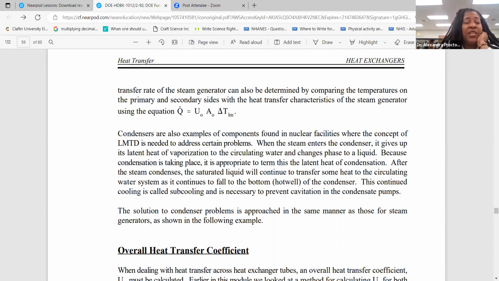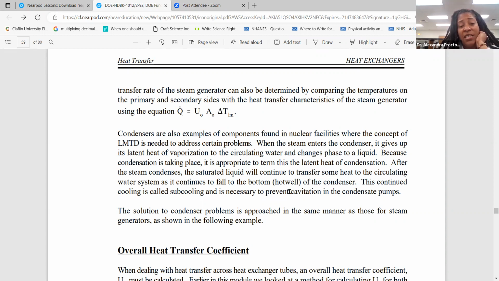Condensers are also examples of components found in nuclear facilities where the concept of log mean temperature difference is needed to address the problems. When steam enters the condenser, it gives up its latent heat of vaporization to the circulating water and changes phase to a liquid. Because condensation is taking place, it's appropriate to use this latent heat of condensation.